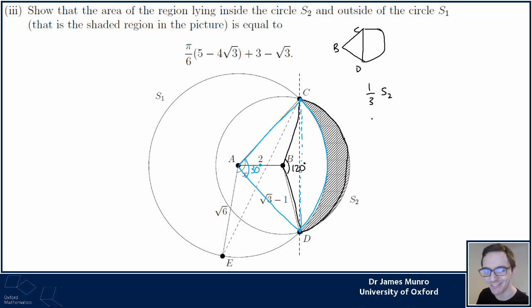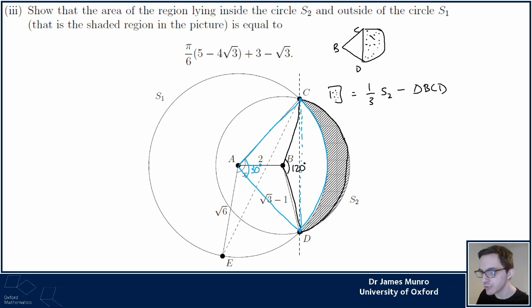This is not quite perfect notation, but I'm just taking notes at the moment. 1/3 of the area of S2, and I'm going to subtract that triangle BCD, this area over here. That will give me, I suppose, this sort of spotty area, we could call it, on the right hand side. I was talking about this being bounded by a straight line on one side and a curve going around the outside. Okay, that's one thing I want.